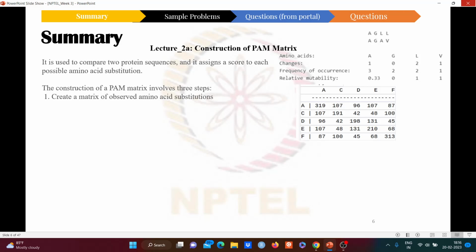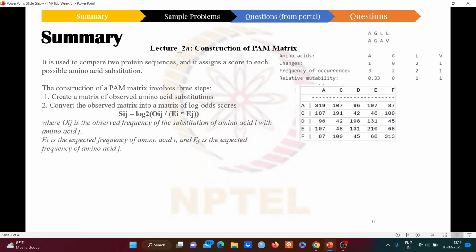For example, the frequency of substituting alanine and cysteine is 107, where you can see the second column first element. This corresponds to the number of times alanine has been substituted by cysteine.